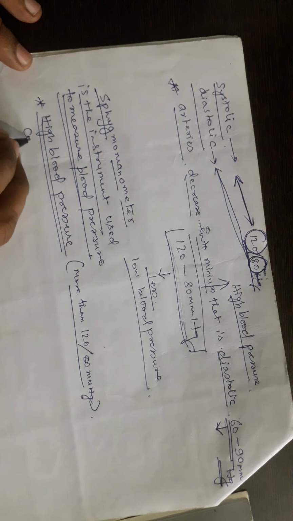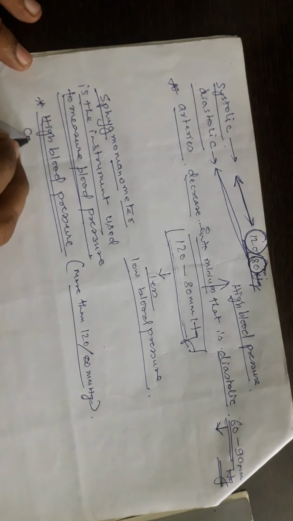Now, what are the unhealthy behaviors? For example, smoking. Smoking is one of the causes of high blood pressure because it damages the lungs, so the blood cannot gain enough oxygen, and to gain the oxygen, it circulates more and more blood through the body, which creates pressure on the wall.